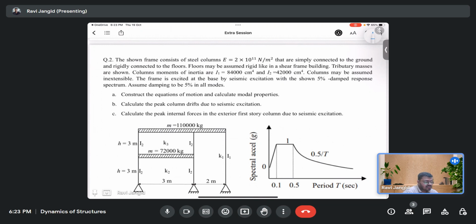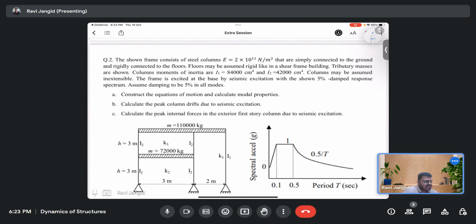The floor may be assumed to be rigid, like in a shear frame building. The tributary masses are shown. The column moments of inertia are I1 equal to 84,000 centimeter power 4 and I2 equal to 42,000 centimeter power 4. Columns may be assumed inextensible.